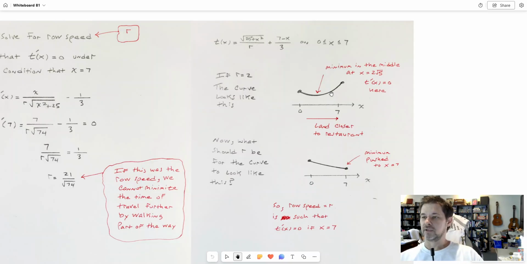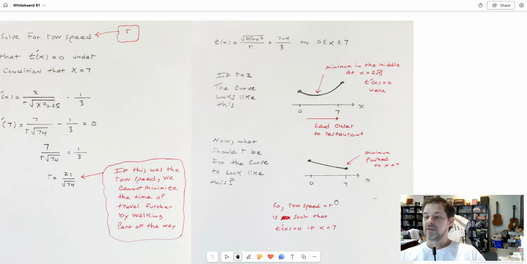So it's like we're taking this curve and r is modifying it such that we're pushing this minimum all the way over there, and then there's not a critical number in the interval 0 to 7. The critical number is actually at the end of that interval where it's 7. So this low spot, this flat point, gets pushed all the way over there. And so we're finding the r that way.